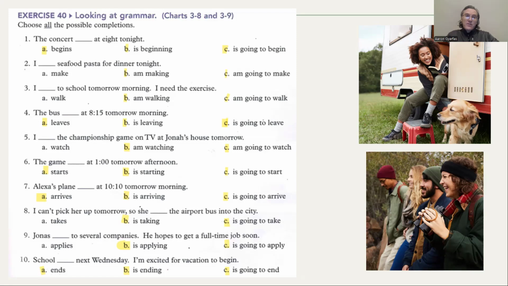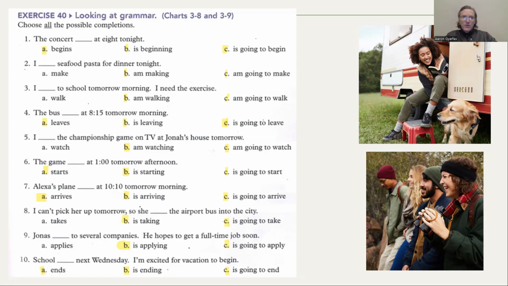For all the others, they're plans. For example, number 2, I plan to make seafood pasta for dinner tonight, but I don't need to make the pasta at any specific time. I didn't buy a ticket to make seafood pasta for dinner, so I wouldn't use present simple.